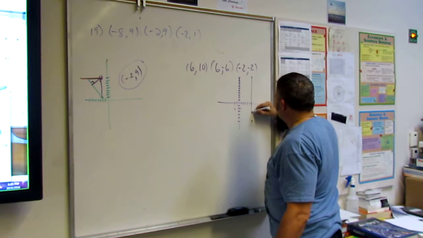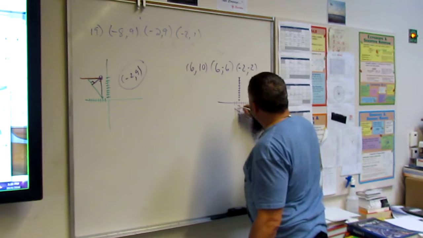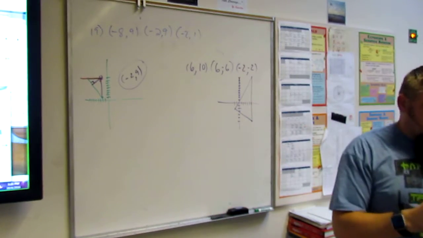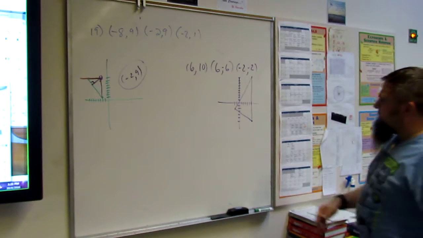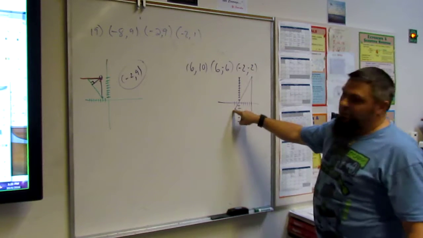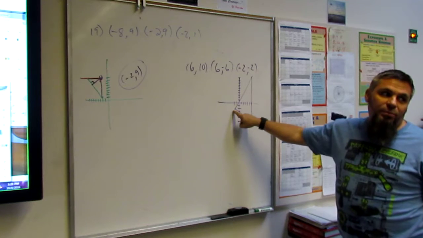Okay? Now, the orthocenter is going to be the center that's perpendicular to here. So I have to have a perpendicular line, but it goes through this point. Right?